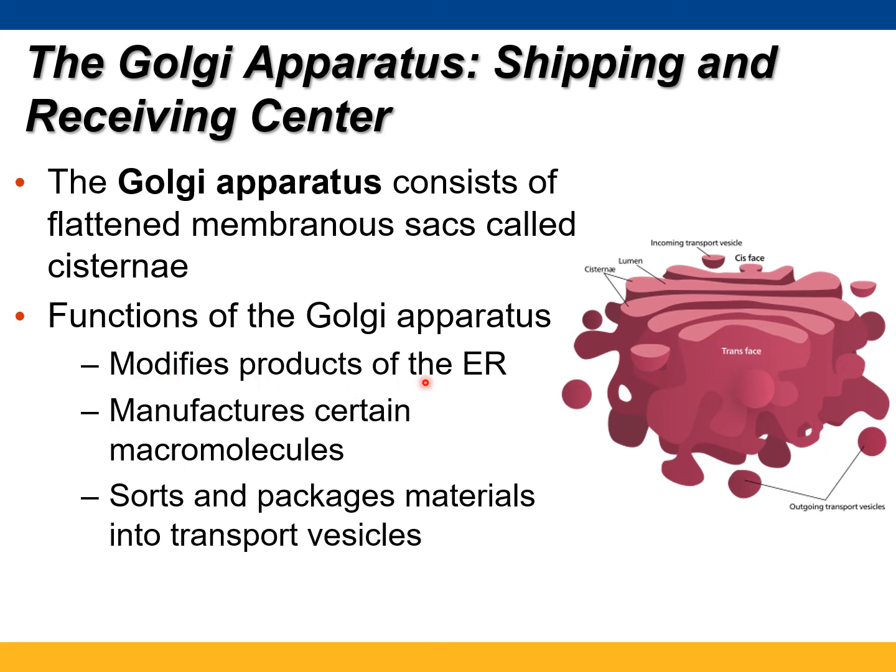So we're going to modify what's coming out of the rough endoplasmic reticulum in particular. Manufacture some things. I don't need to get into exact stuff here, but its major function is sorting and packaging into vesicles, either for transport around the cell or out into the extracellular space.